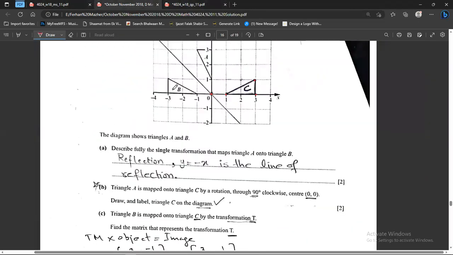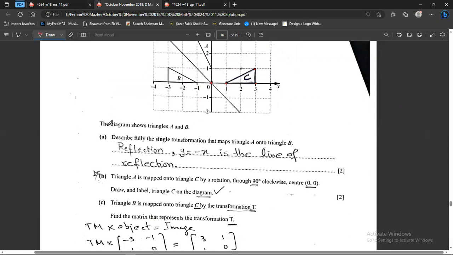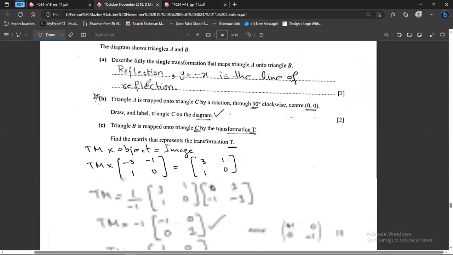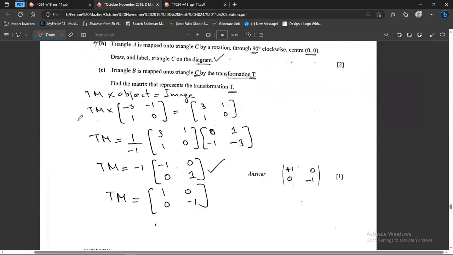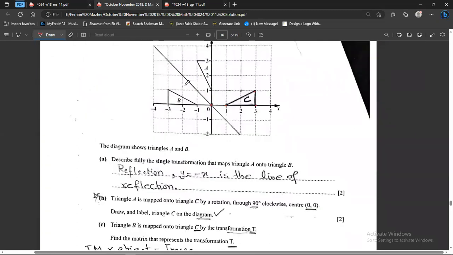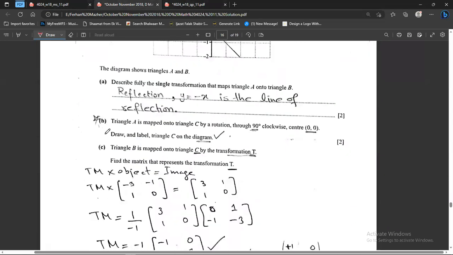B has been transformed onto C, and we have to write down the transformation matrix. The method is very simple. The transformation matrix multiplied by the object equals the image. So I will take two points on the object and two points on the image.